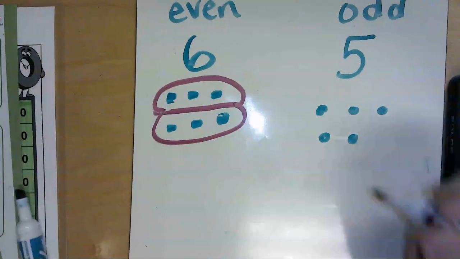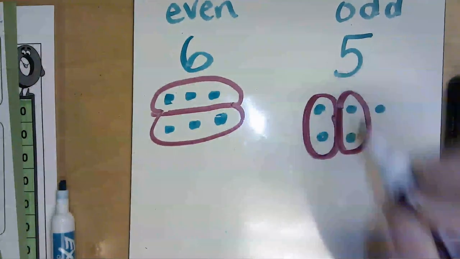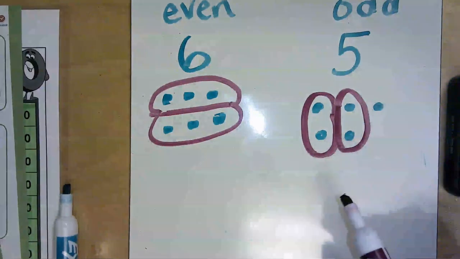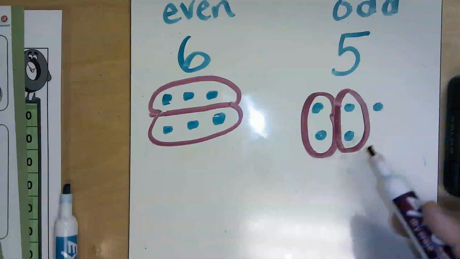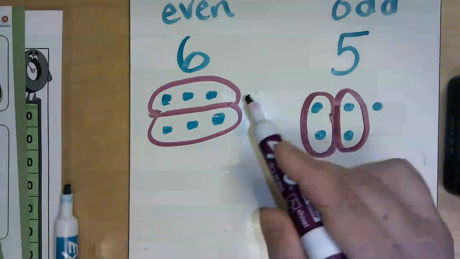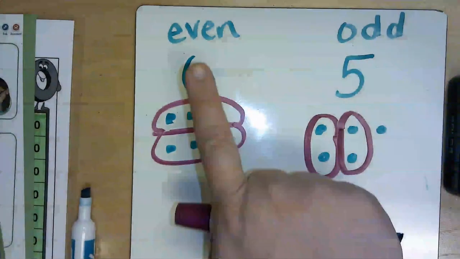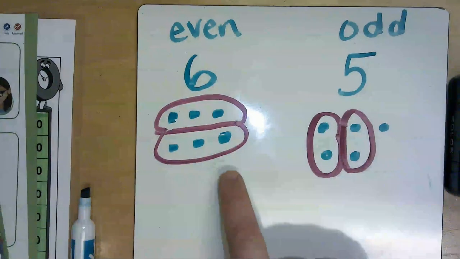Well, when I make my equal groups this time, I can only put 2 in each group, and there's 1 extra left over, right? Because there's the leftover, it's not even. But if I added 1 more, then I could turn it into 6, and there would be equal groups. So when we talk about even and odd, this is what we're asking. Can you divide it by 2?